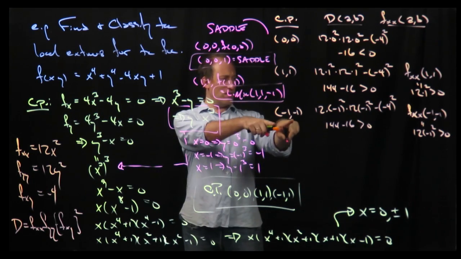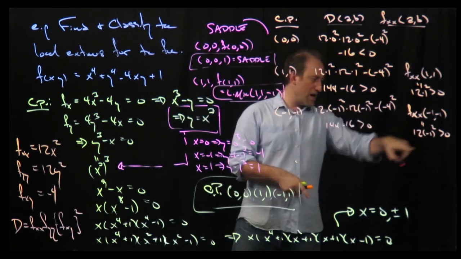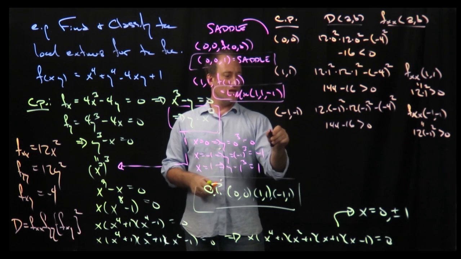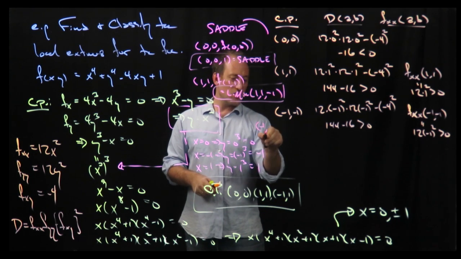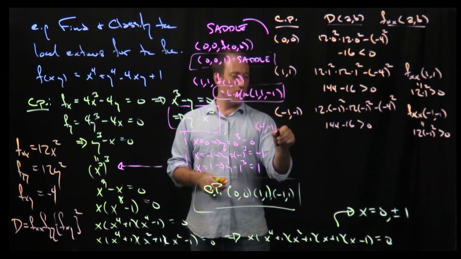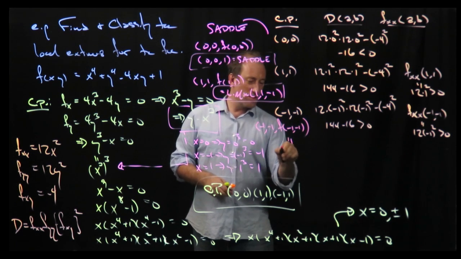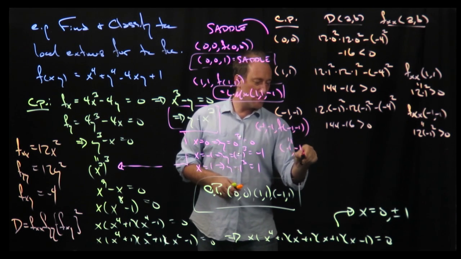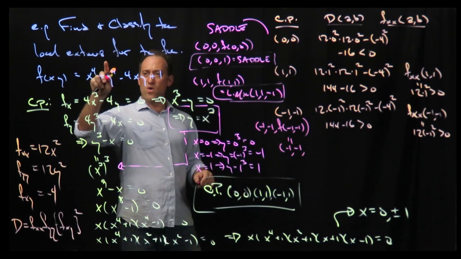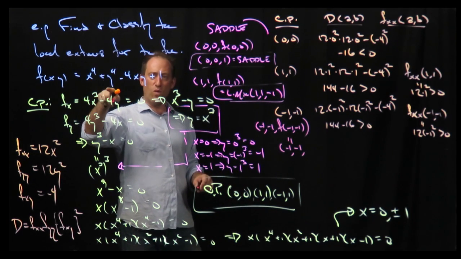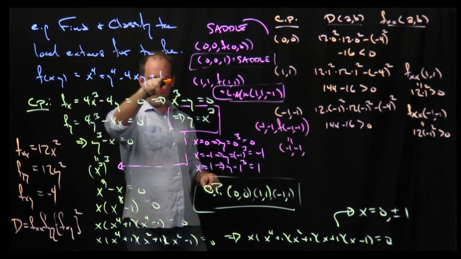And here, again, I've got a local min, namely at (minus 1, minus 1). f of (minus 1, minus 1): minus 1 to the 4th is a 1. This will be again a negative 4 and again a 1.